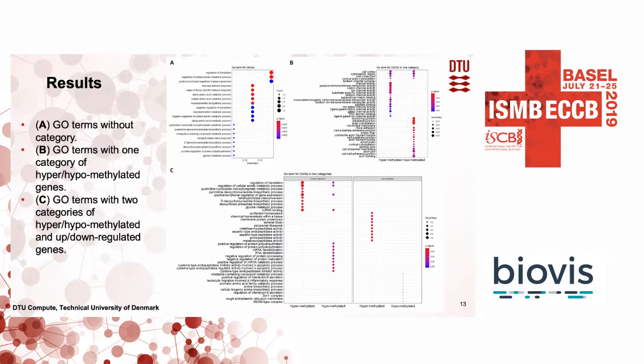And the most important one, we can enrich the DMGs, the significant genes, in different GO terms and pathways. And this can be visualized by the different categories. If we have one more file from the differentially expressed genes, the DE genes, we can visualize in 2 categories, for example, the down-regulated or up-regulated genes in the hypo- or hypermethylated genes, so we can know which genes are in the different GO terms or pathways.